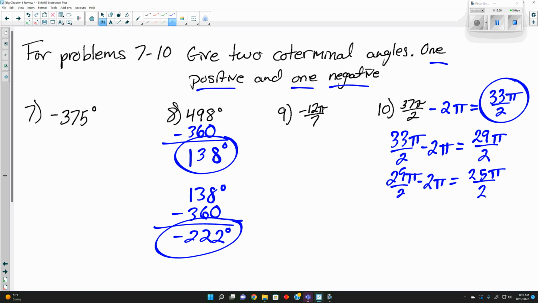And again, when I did this and I wrote the key out, and if I was doing this here, again, we're subtracting 2 pi on the calculator, yes? I would keep subtracting 2 pi until I got a negative angle. I would not write, especially for this one here, I would not write it out.